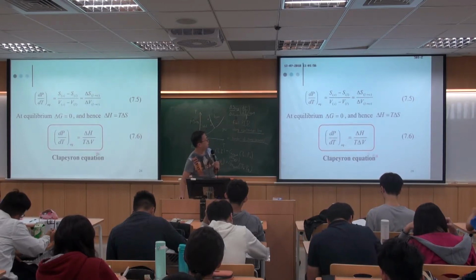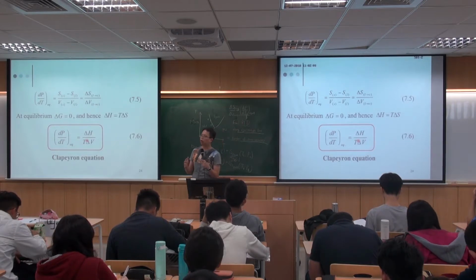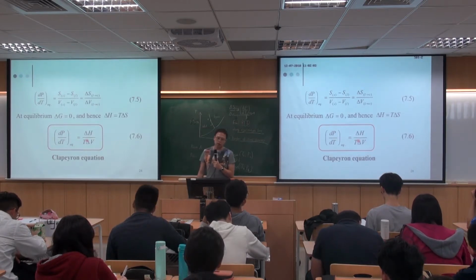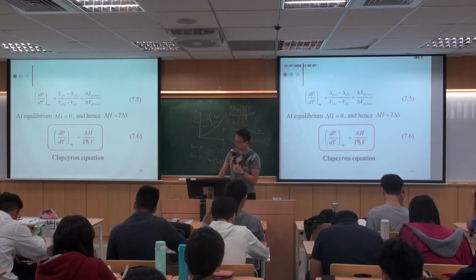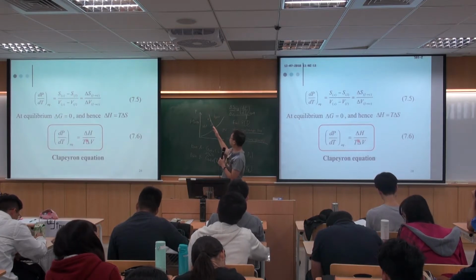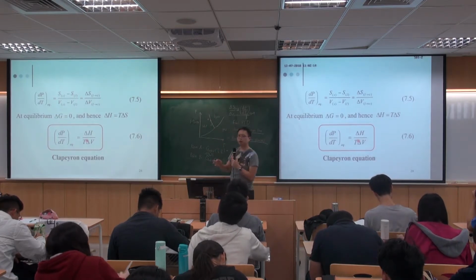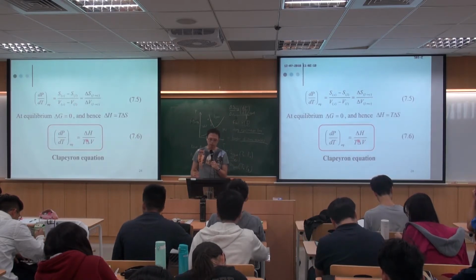And that's the same for this molar volume change. As long as you can monitor the change of volume, then you can estimate this using experiment. So eventually you can predict the trend of this line by measuring the delta H and delta V under different temperatures and pressures.